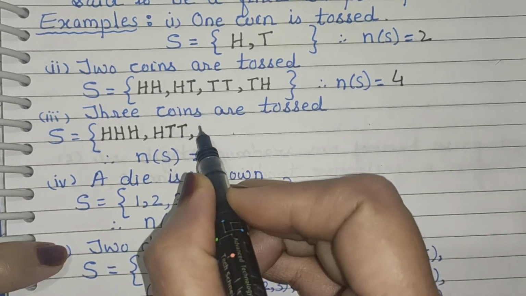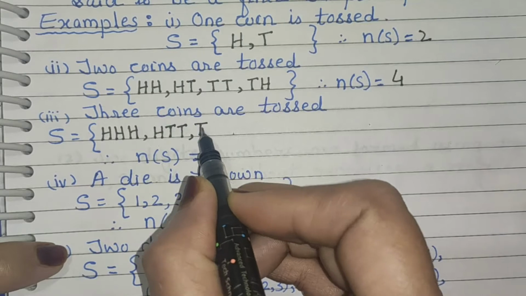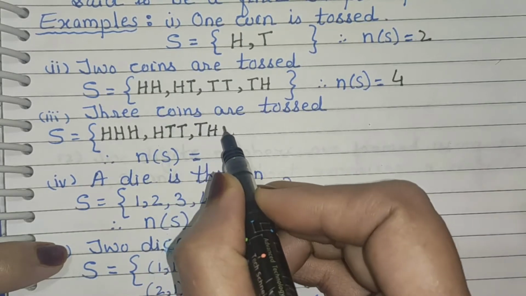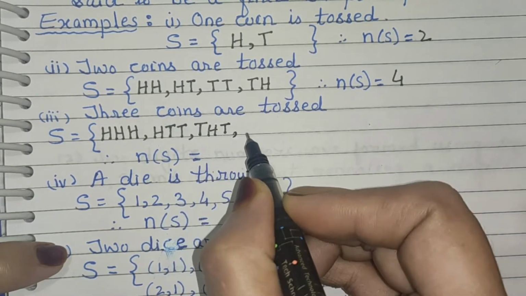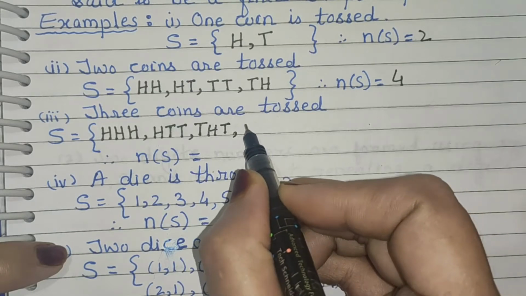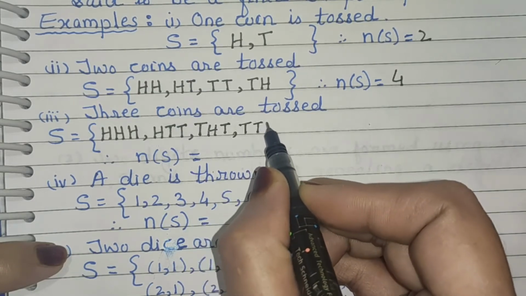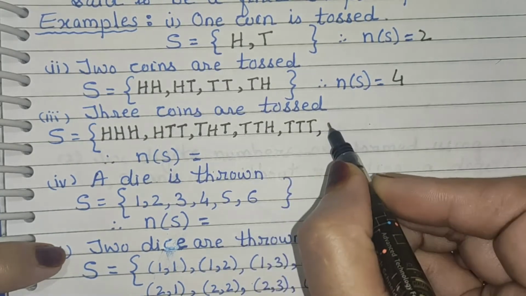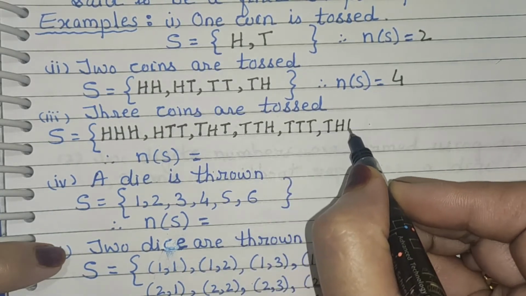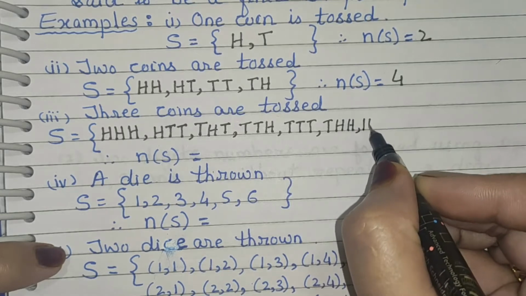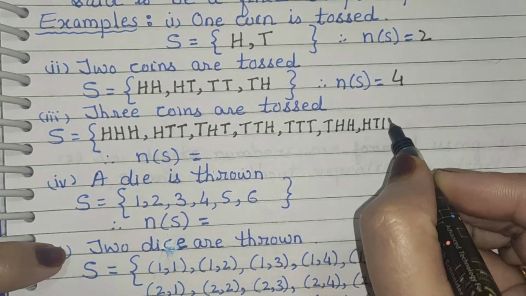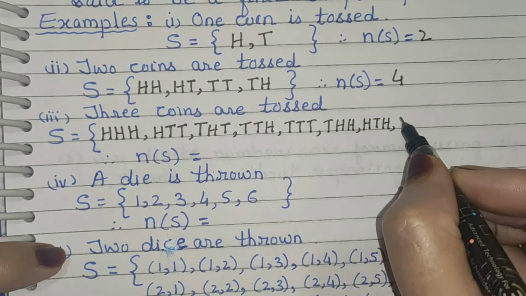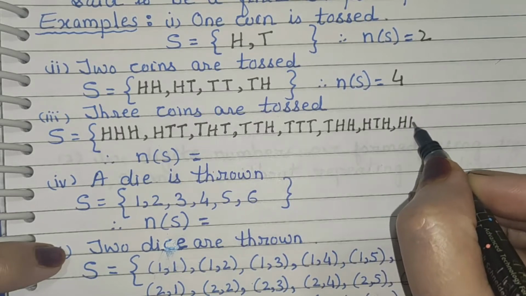If the second one is head, then the first and third are tail. If the third one is head, then the first and second are both tail. TTT. Now the first is tail, others are head. The second is tail, others are head. The third is tail and others are head.